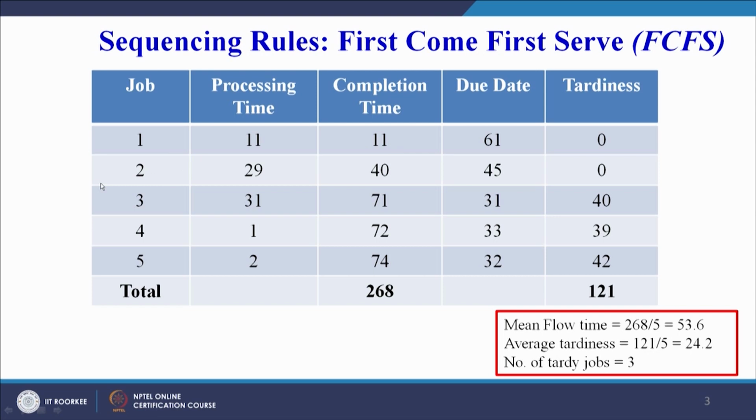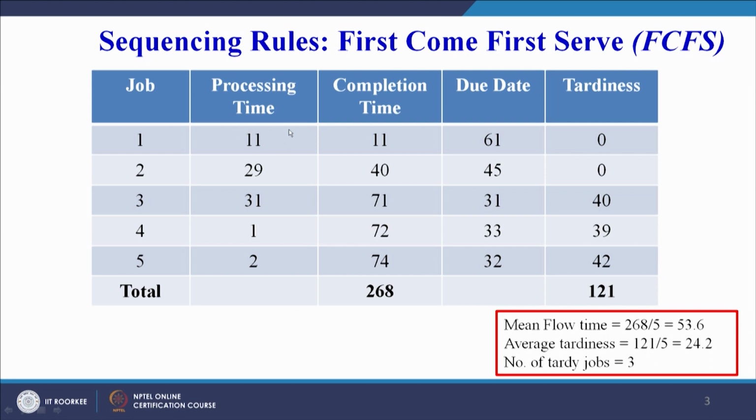Now for job 2, which has to be sequenced second because it arrived at the shop floor second in number, the machining center will start processing after 11 days. The processing time is 29 days, because for the first 11 days, or the 11 hours, suppose we take the time as hours, job 1 is being processed on the machining center.